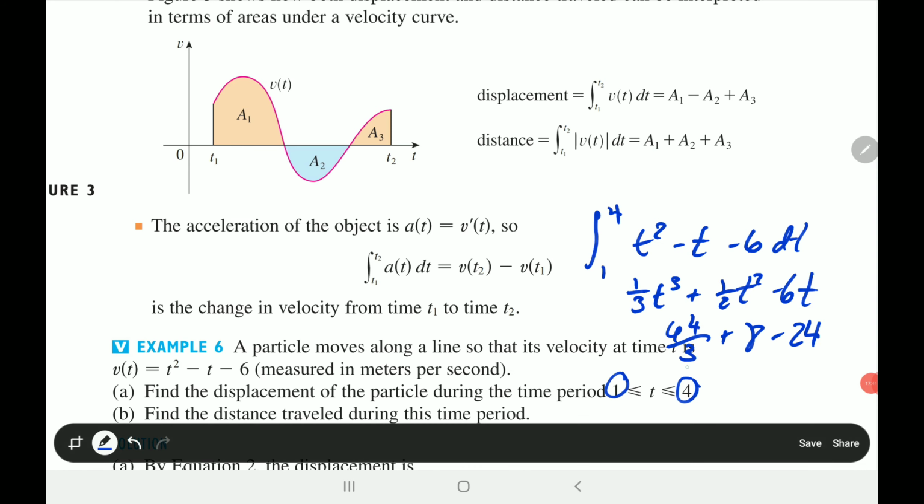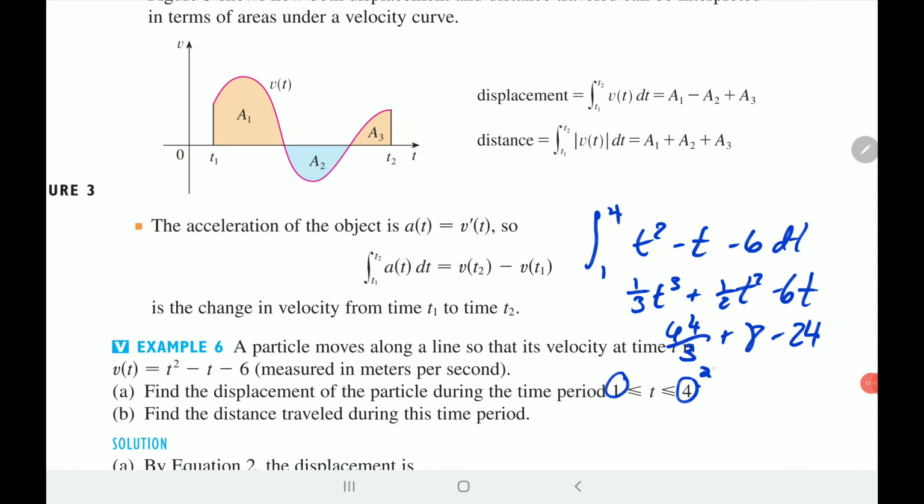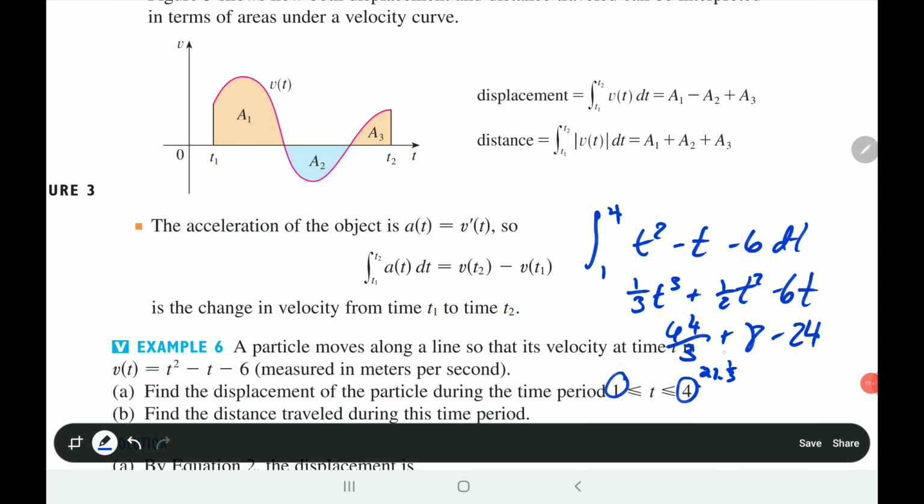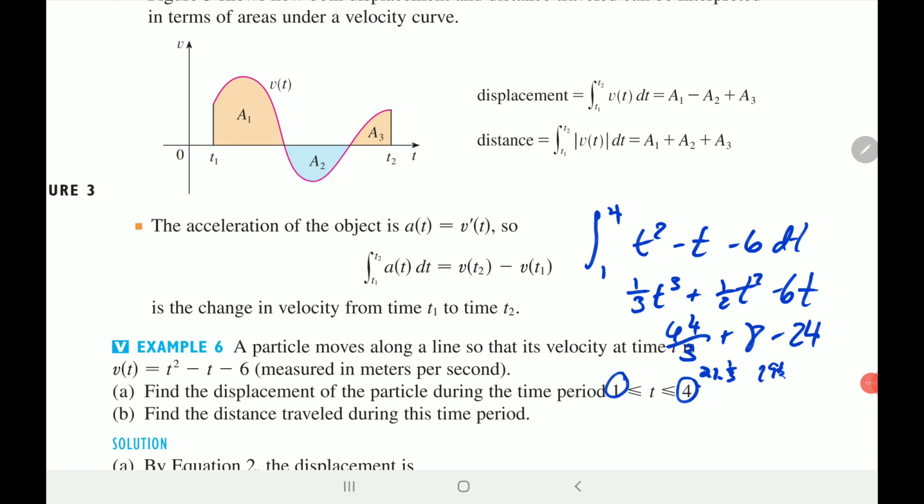Now 64 over 3 is 21 and 1/3. Plus 8 minus 24, so that'd be 29 and 1/3 minus 24, so that's 5 and 1/3.